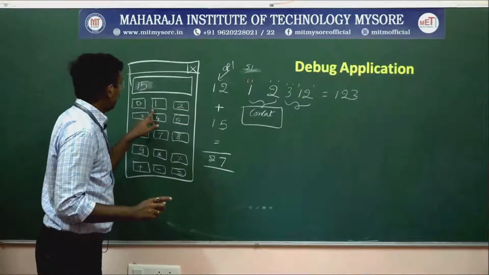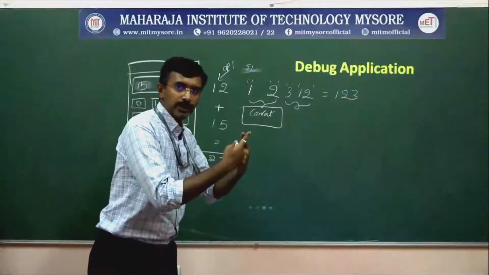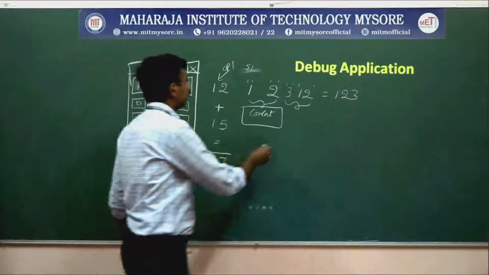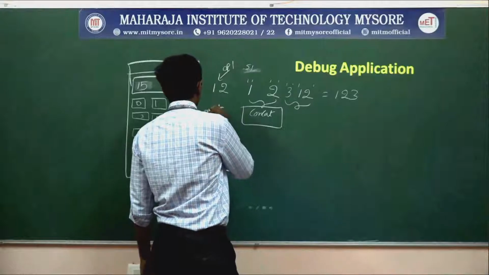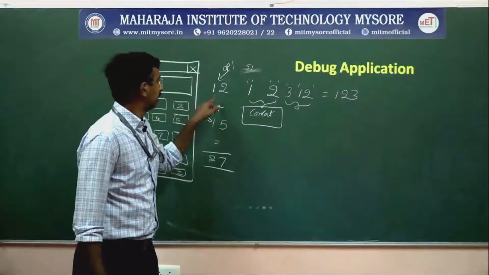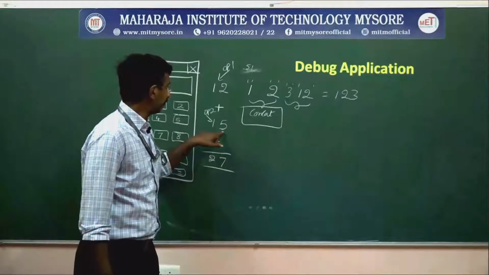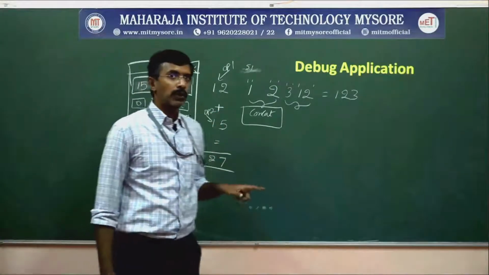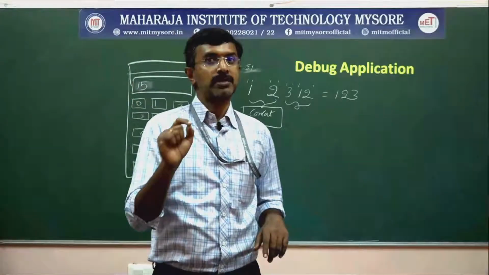In the same way, you click 1, it is concatenated with 5, and it gives you 15. This is your operand 2. So how many entries have you done? Clicking 1, 2, 3, 4, 5, 6. Overall you are clicking 6 times. So this is very important.